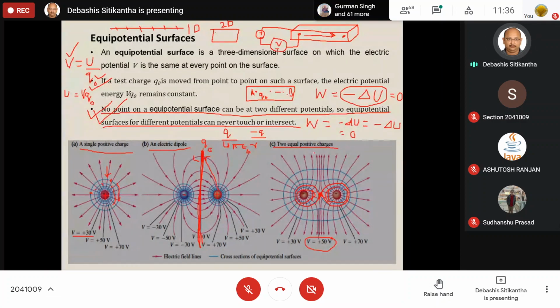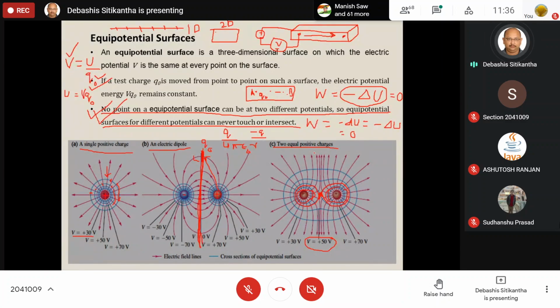Now, electric field is very much related to your potential. So in the next chapter we'll study the main relationship between electric field and electric potential. If two electric field lines cannot intersect each other, then obviously equipotential surfaces also cannot intersect each other. But as I told you, if I forcibly keep bringing these two together, the lines are not going to intersect each other.